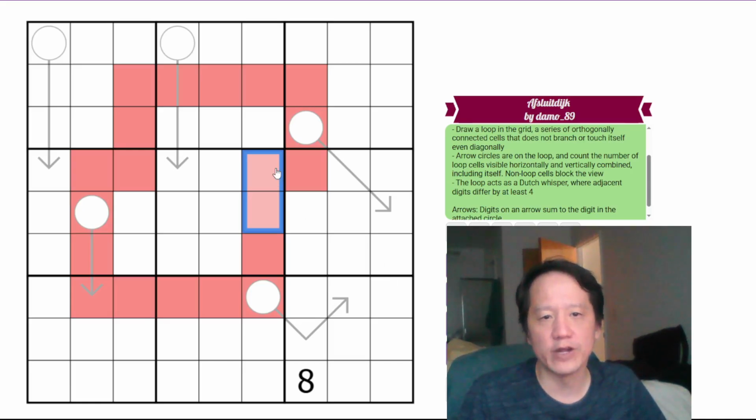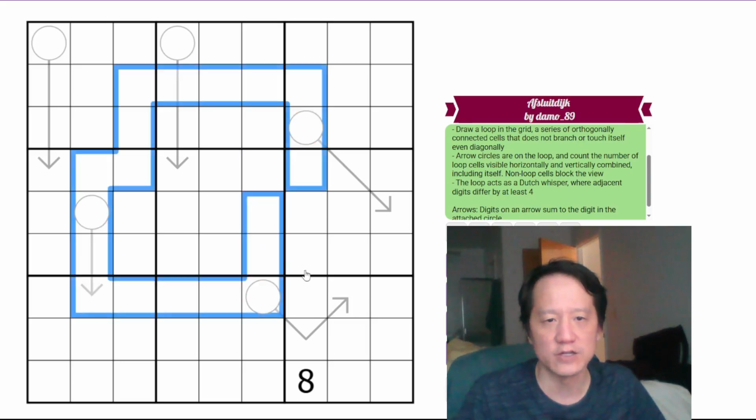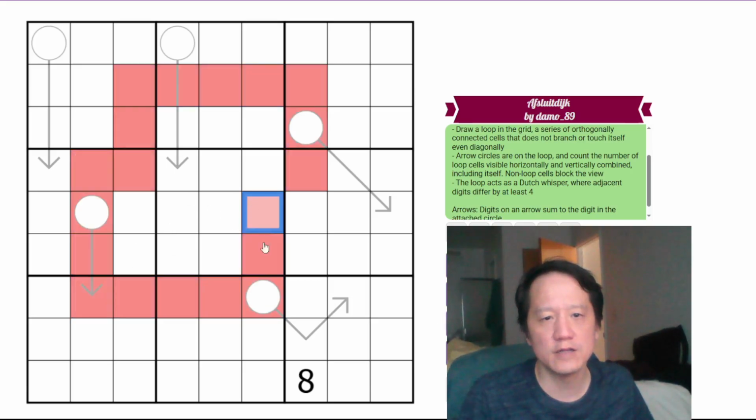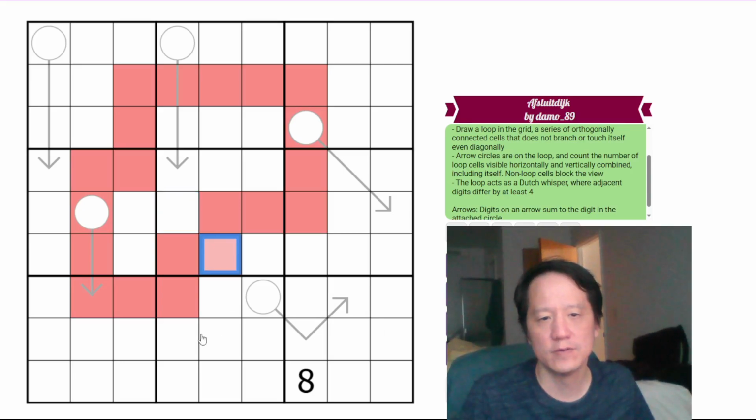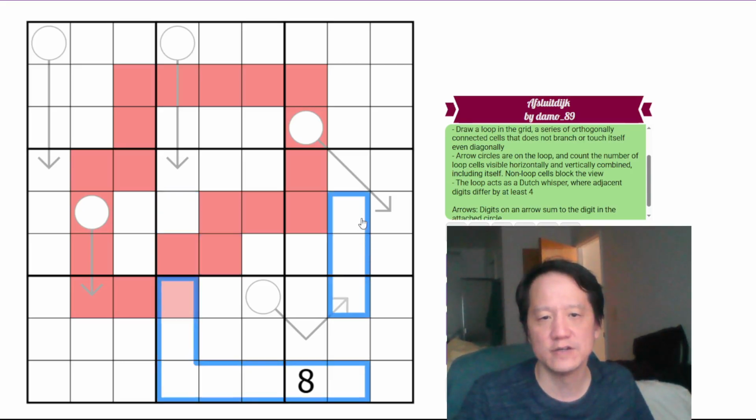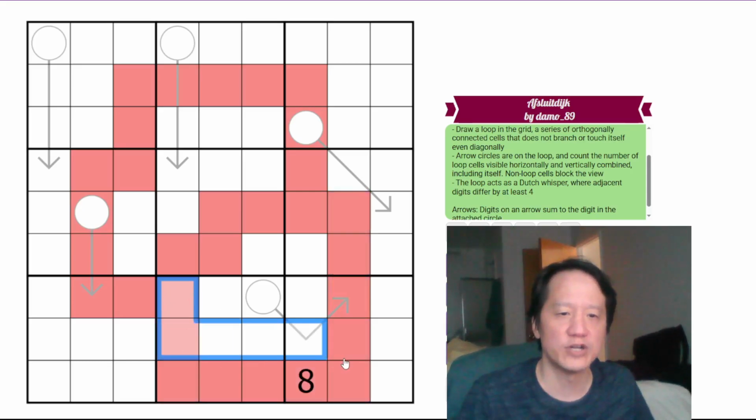And you cannot branch, and you cannot touch itself, not even diagonally. So say we had something like this. This is not a valid loop because it would touch itself diagonally here. And you cannot branch, obviously, because that would not make a loop. So this is not valid because this would branch.